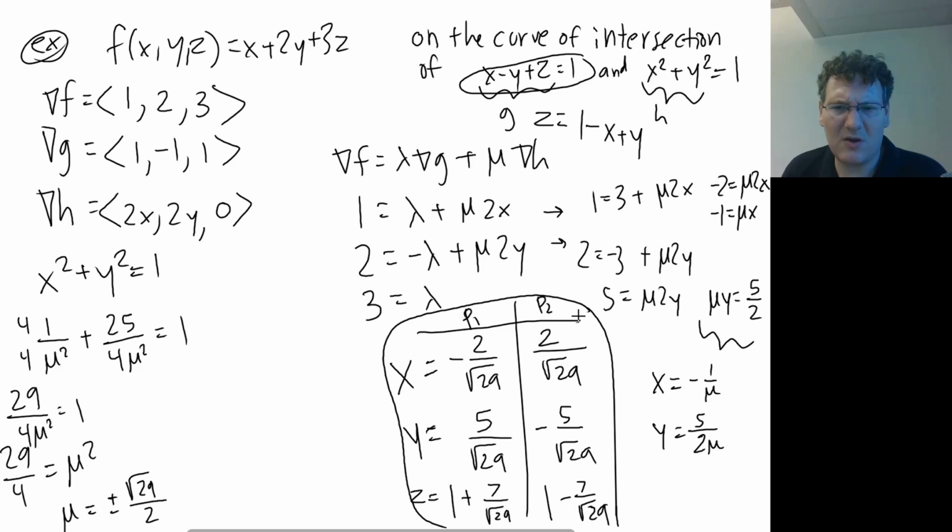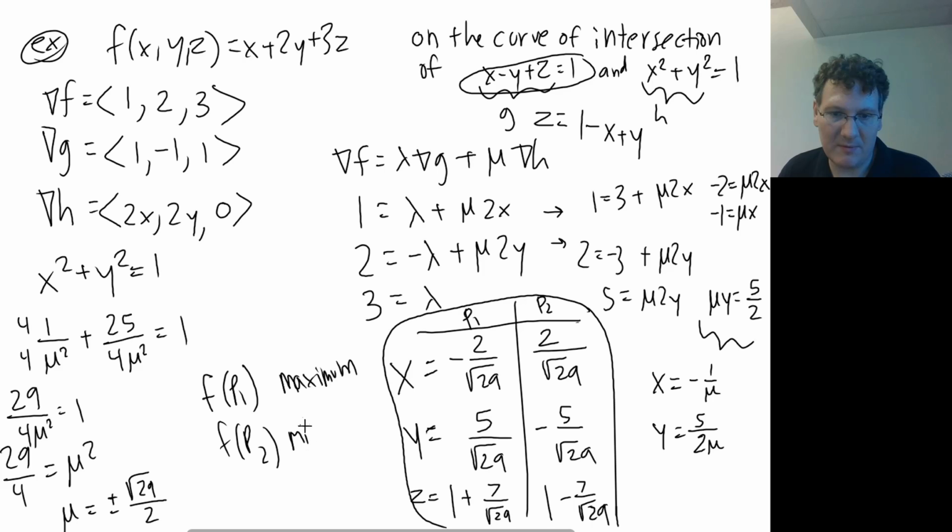Okay, so let's just call the first one p1, the second one p2, and you can see that f of p1 is going to be, when you plug in that, what do we get? At the end, 3 times z. If z is the biggest, it's going to be largest. I'm thinking, especially with y, yeah, this is going to be a maximum, and f of p2 is going to be a minimum.